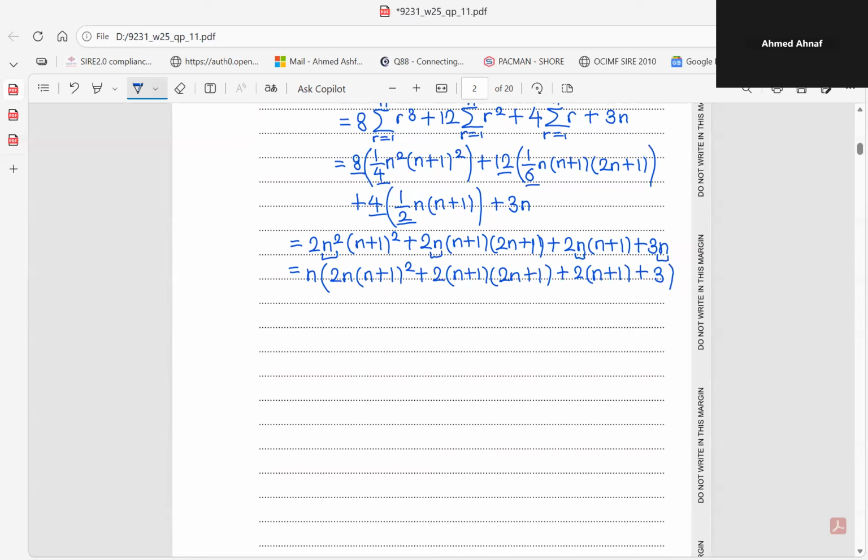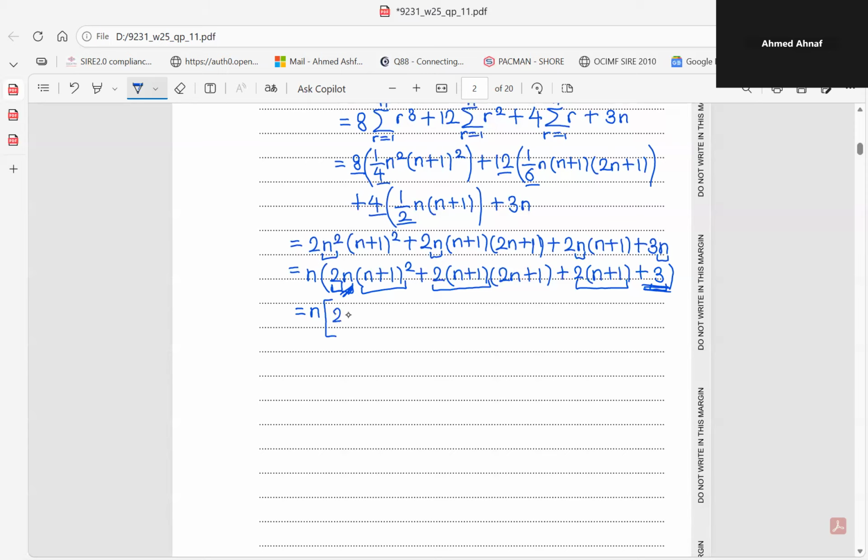Now we can see that the first three terms have the common factor 2, sorry, not 2n, 2 and n plus 1 in all three of them. So here we have 2 times n plus 1 as well, except the 3, basically. So we factorize everything except the 3 in the bracket. Let's replace it with square brackets.